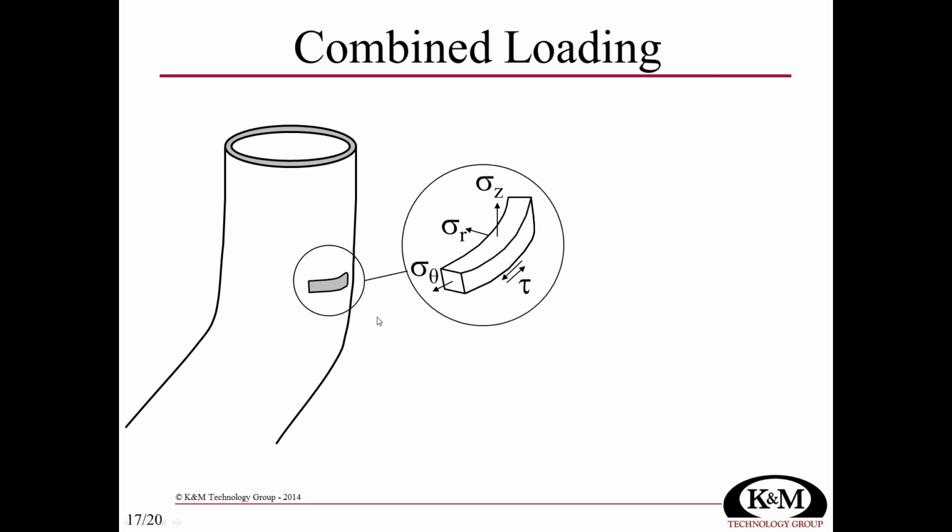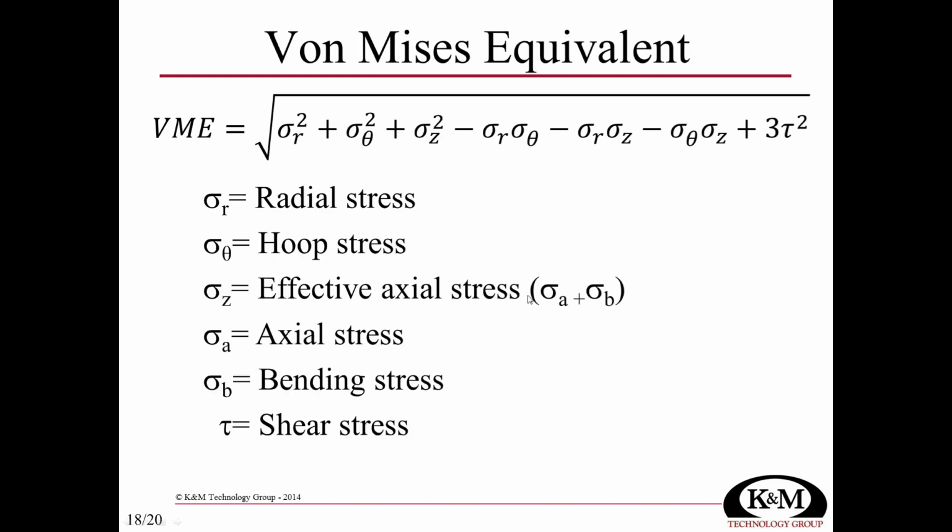So combined loading, what are we doing? Well, we're looking at a little piece of pipe, a little segment or section of pipe, and combining hoop stress, radial stress, axial stress, bending stress, and shear stress. And this is how the equation works. The VME equivalent is equal to the square root of the radial stress squared plus the hoop stress squared plus the axial stress squared.